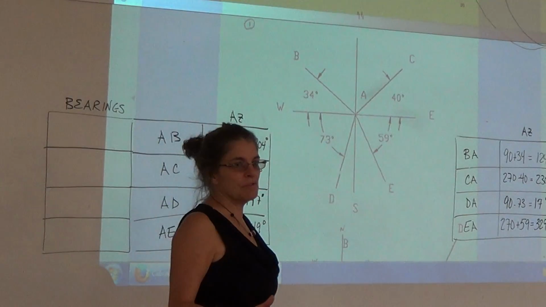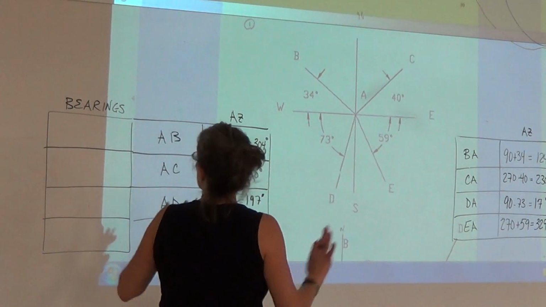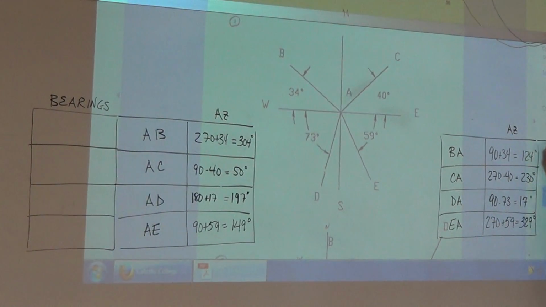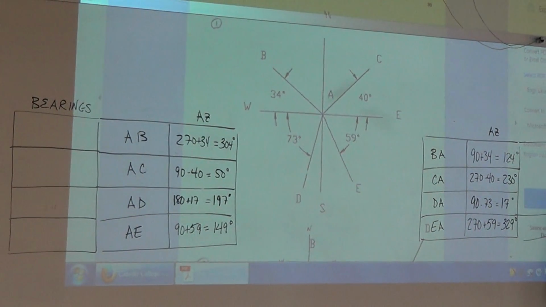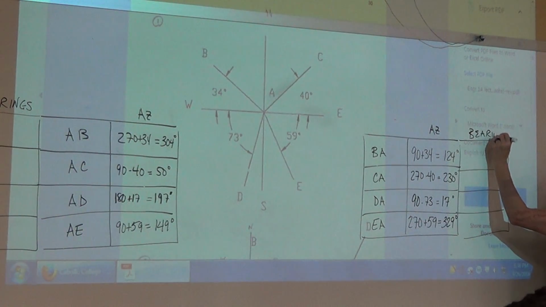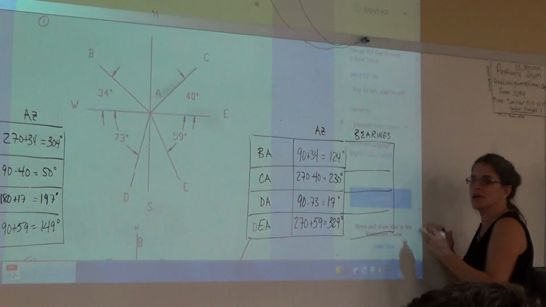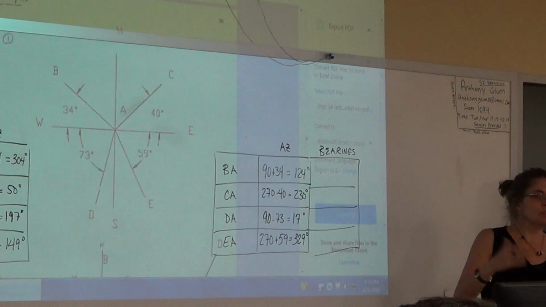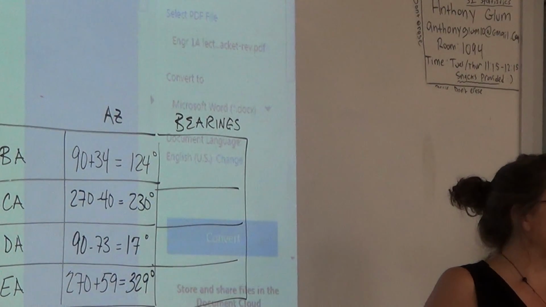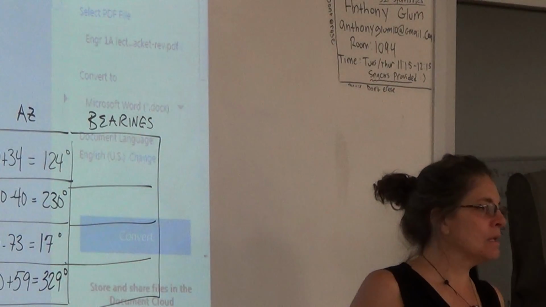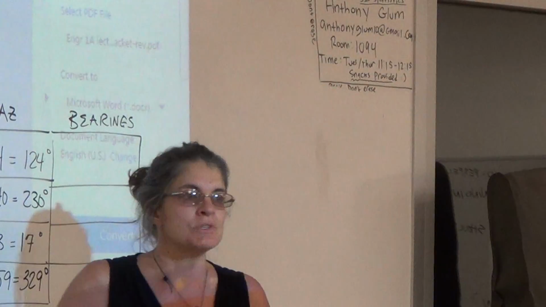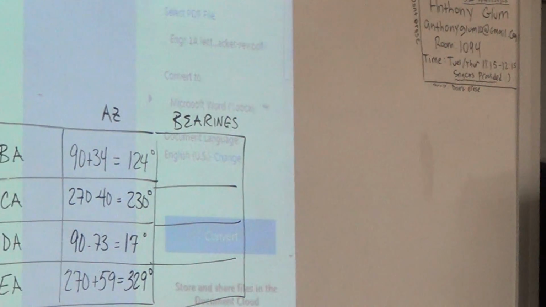So for bearings, what's the line of reference? Either north or south. The direction is east or west, and the number has to be less than 90. So why don't you do some first, and then I'll go around.